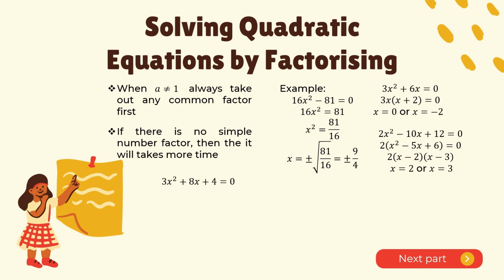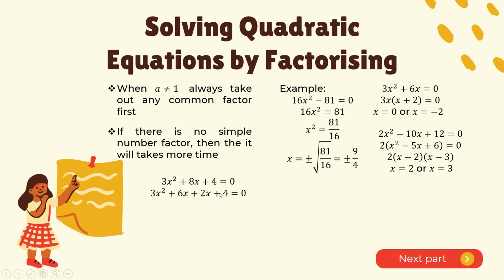By finding two numbers that multiply to 12, which is a times c, and add to 8. The numbers are 6 and 2, because 6 times 2 is 12 and 6 plus 2 is 8. So we expand the 8x to get 3x squared plus 6x plus 2x plus 4 equals 0.